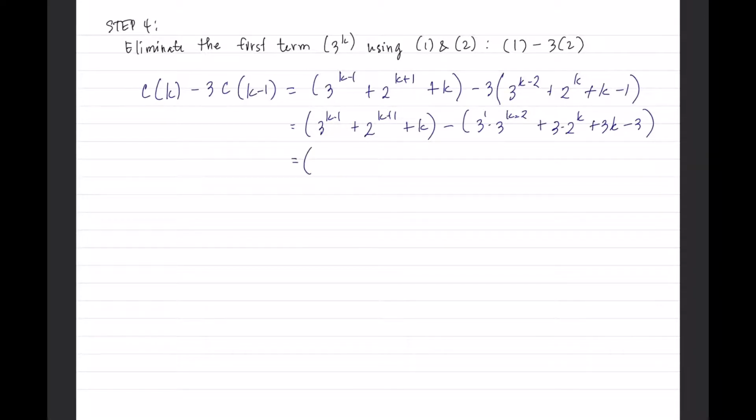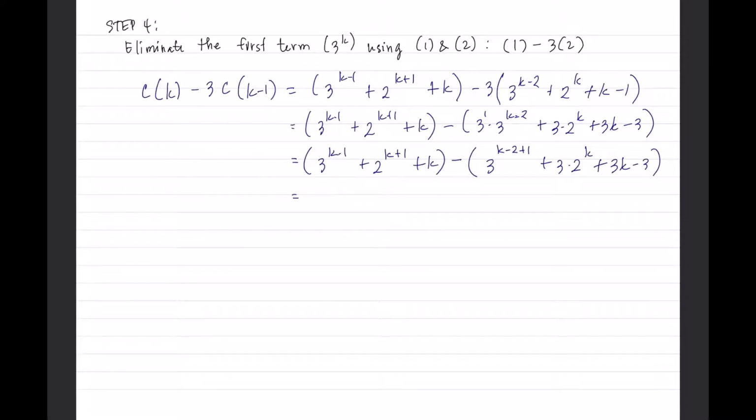We copy first the first set of terms, 3 raised to k minus 1 plus 2 raised to k plus 1 plus k minus, so that would be 3 raised to k minus 2 plus 1 plus 3 times 2 raised to k plus 3k minus 3.